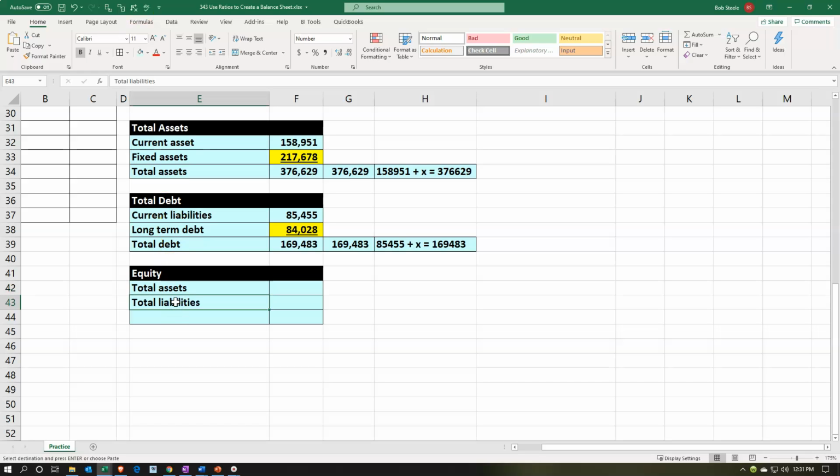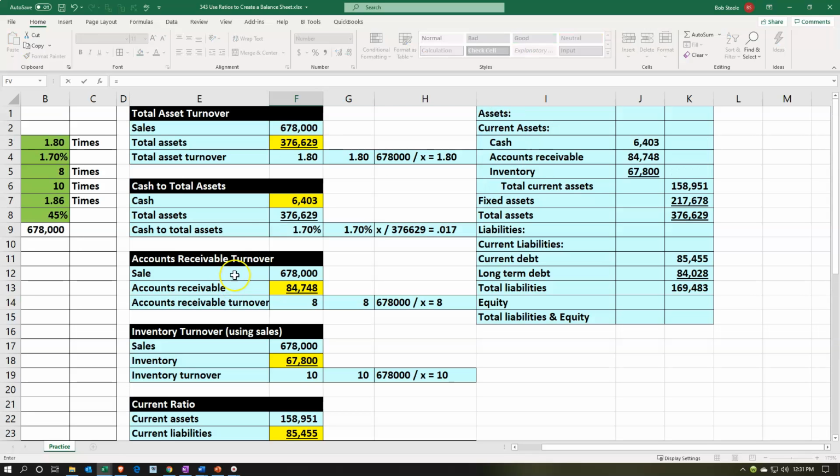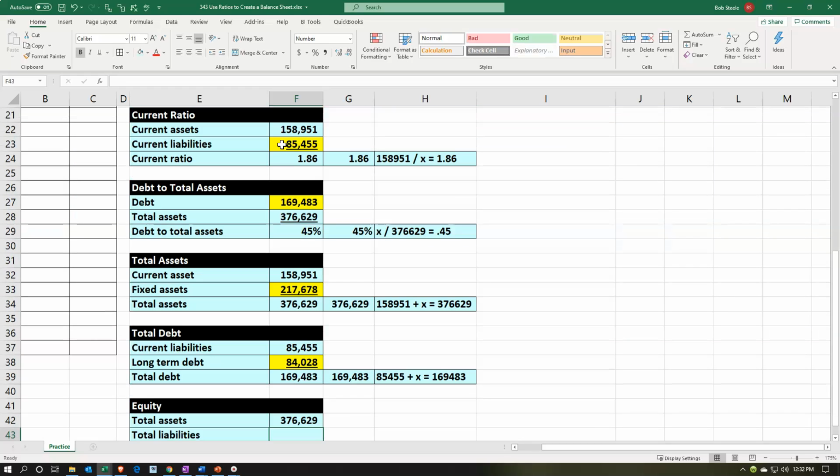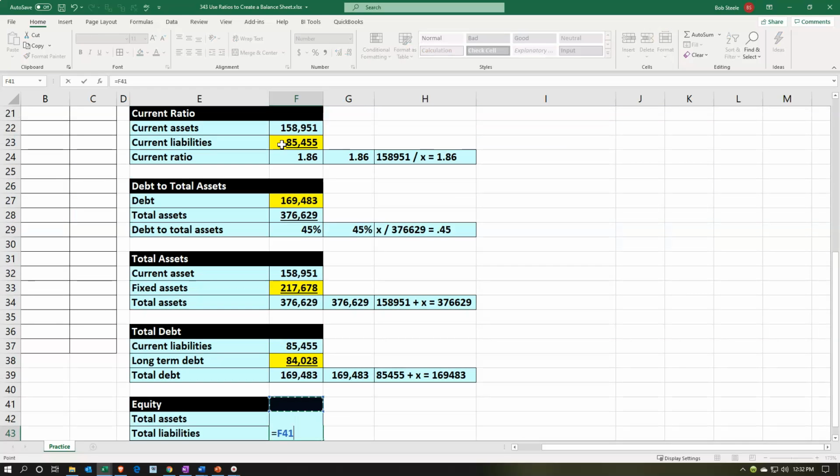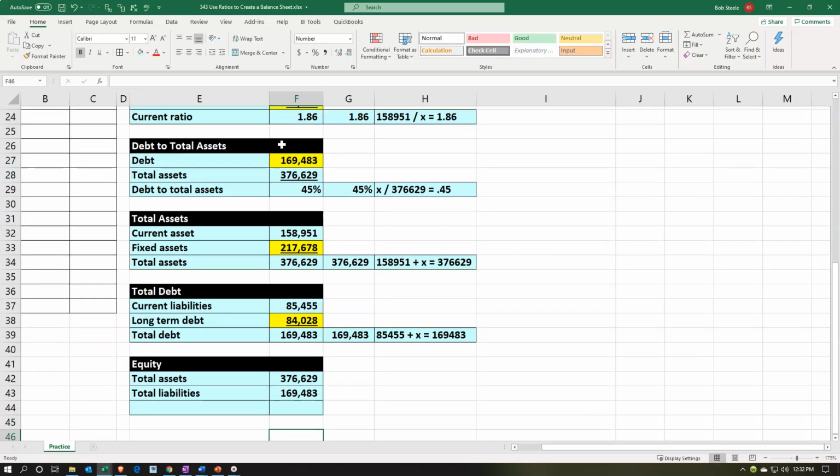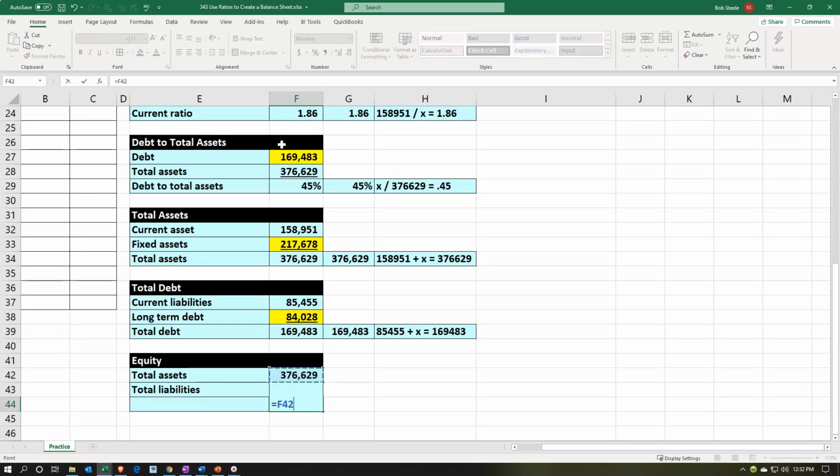So we're picking up the total assets, which we did up top, minus the total liabilities, which we figured here. That's going to equal the equity. This minus this is going to be the equity.